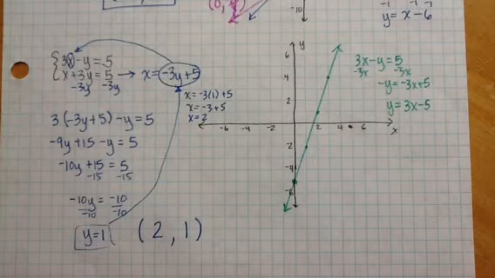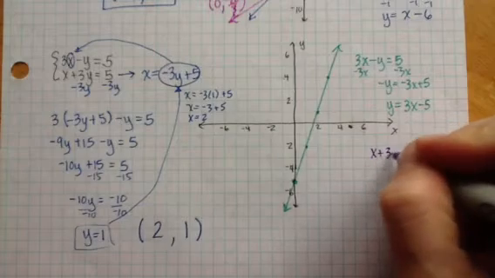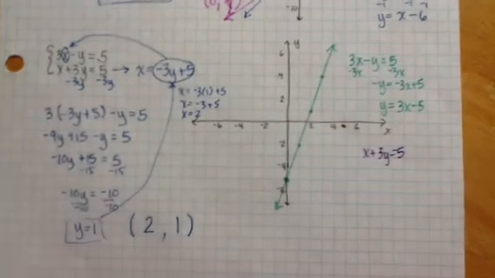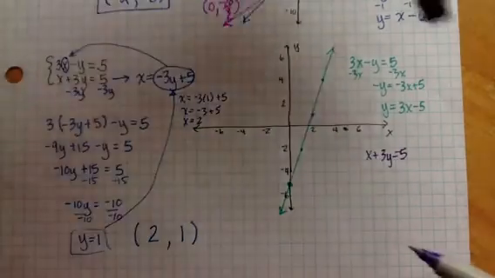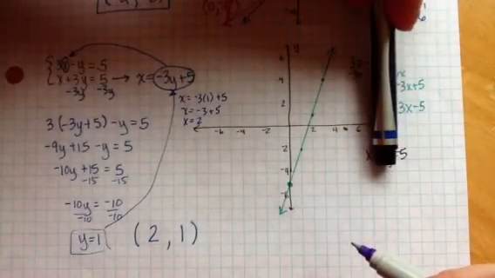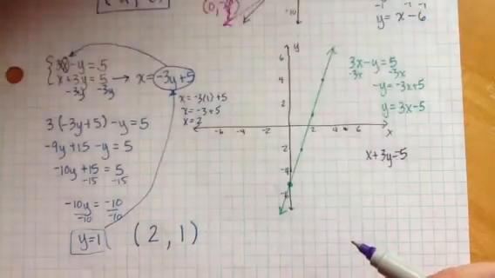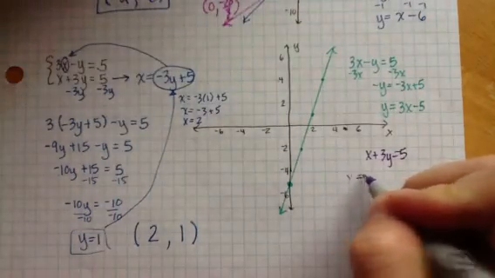And then for my other line, x plus 3y equals 5, I think I'll use the cover up or the blot out technique. So if I blot out or cover up the y, that gives me x equals 5.